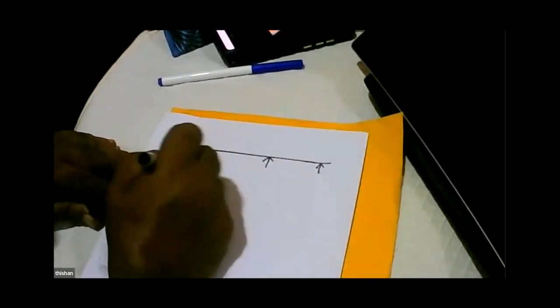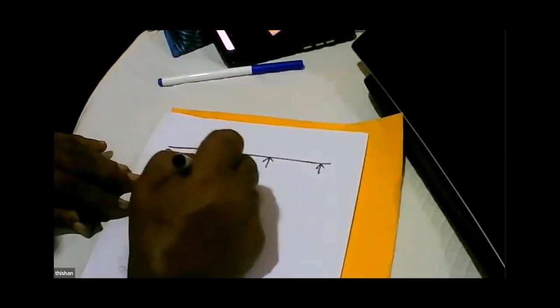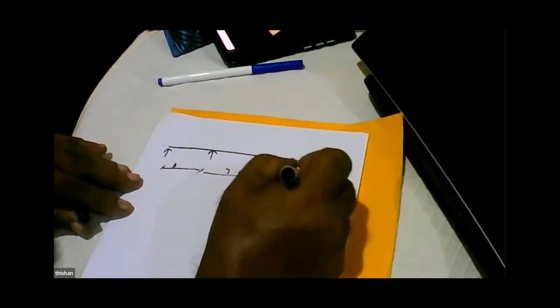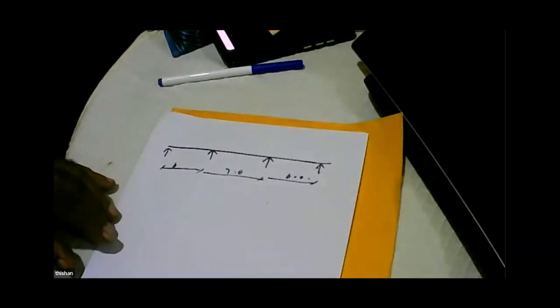Now, I'm going to come to another very important aspect of structural design. Now, let's say we have a beam. 6 meters, 7 meters, 6 meters. Now, you might ask why I selected 7 meters for the middle.